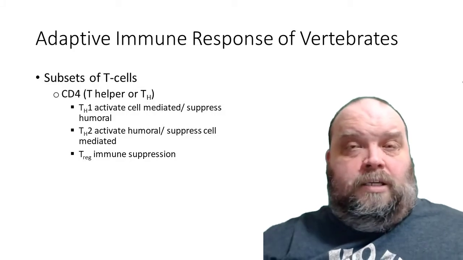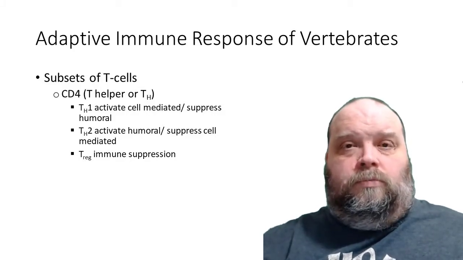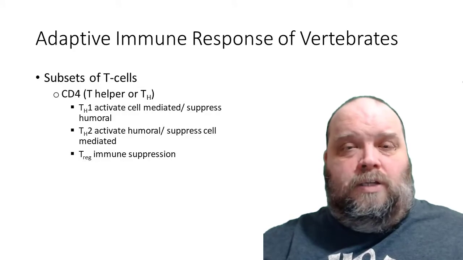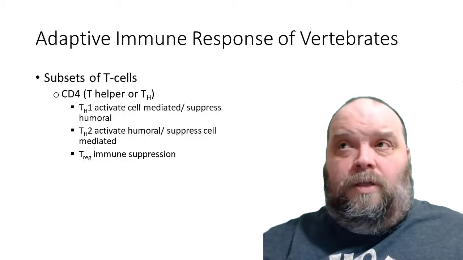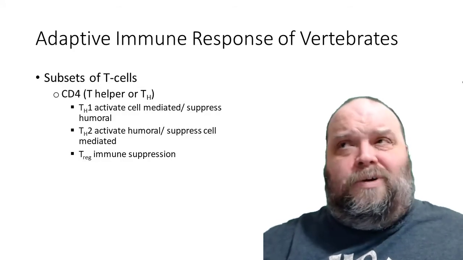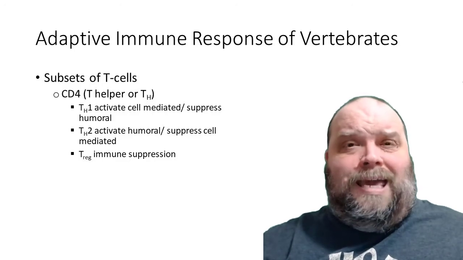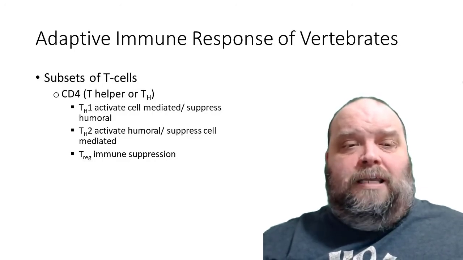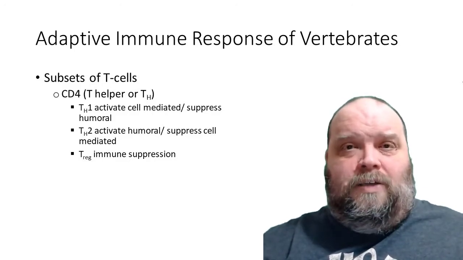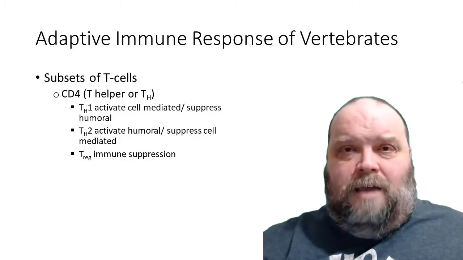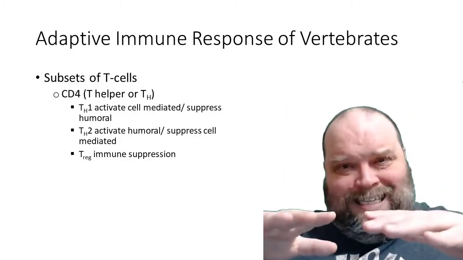Th2, the T helper type 2 cells, works with B cells. B cells, as we're going to see, are the ones that make antibodies. And finally, the T regulatory cells. At some point, your immune system needs to quiet down.